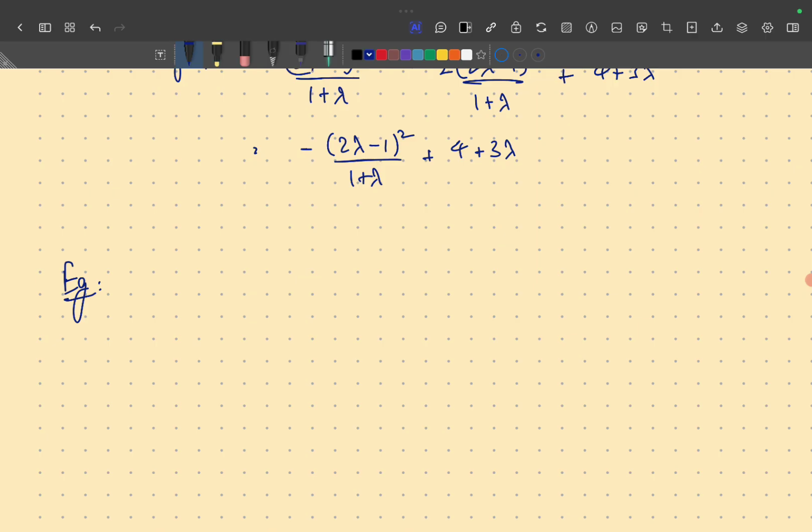But let's say that I have a linear program where I want to minimize, say, C transpose X subject to the constraint that some matrix A times X is less than or equal to B.